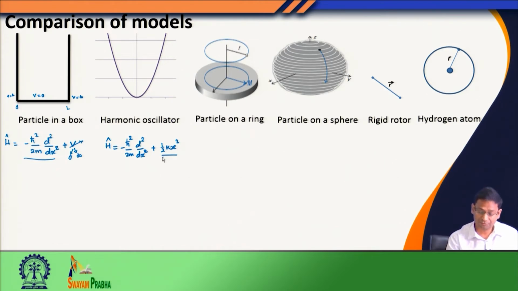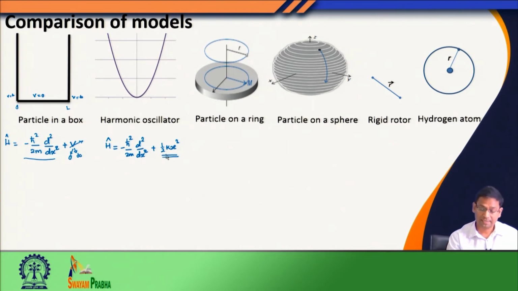This form of the potential energy gives rise to the harmonic potential. Of course, for other systems, wherever necessary, instead of a quadratic potential, we can have a quartic potential and so on, but this is the simple model that we use, the harmonic oscillator model.